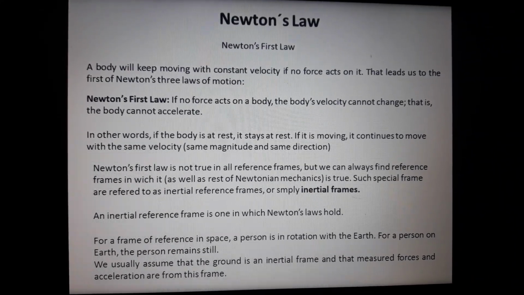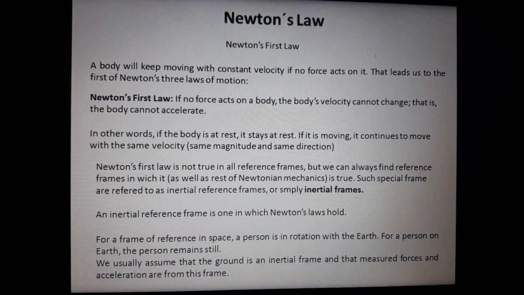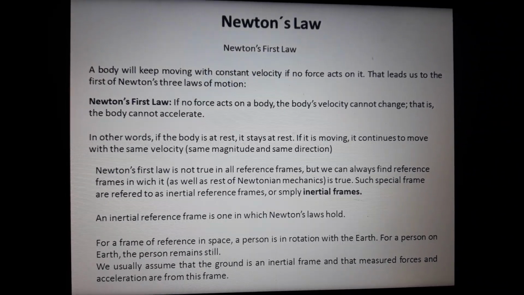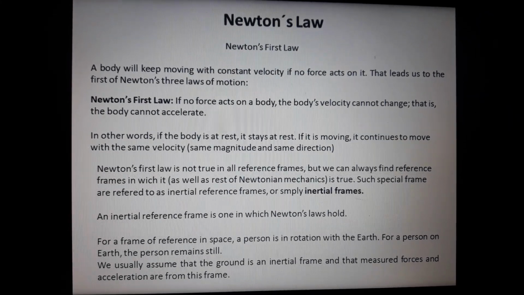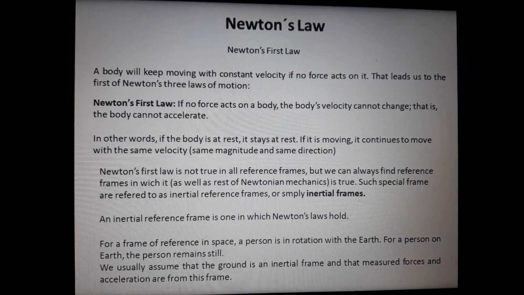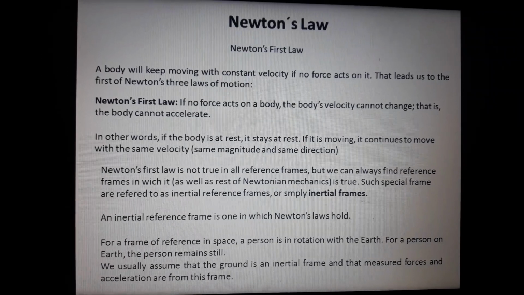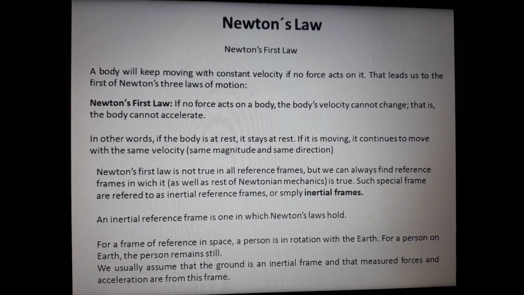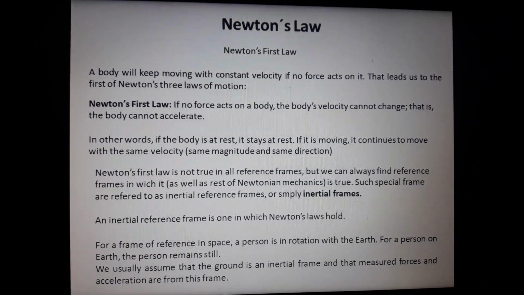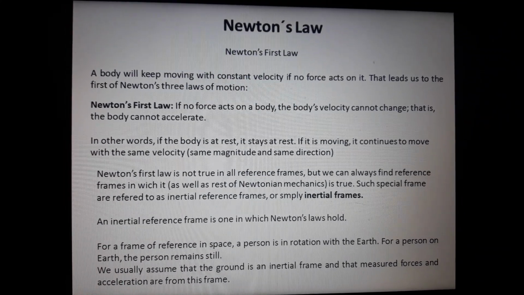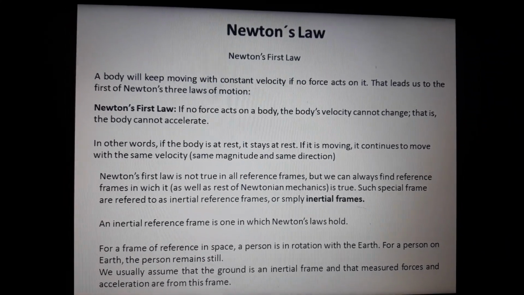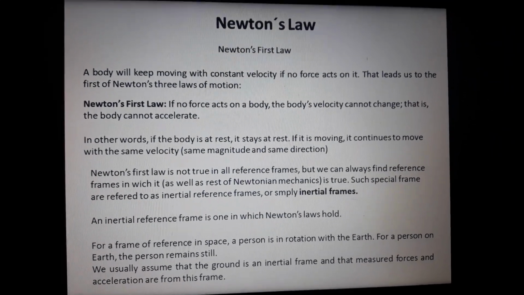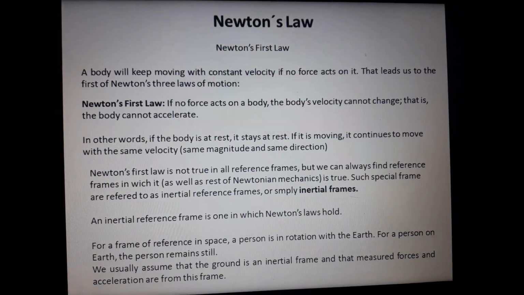You know that the earth rotates, but we assume that the ground is an inertial frame to measure the forces according to this frame. If you think about it, the person and the earth have the same velocity, and because of that we have the first law as true.